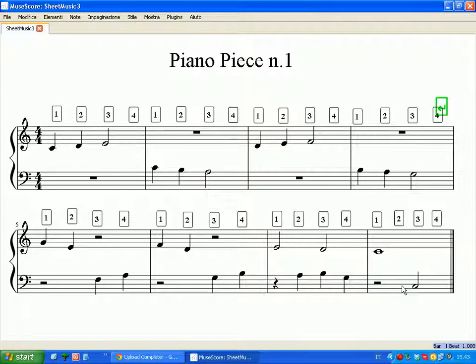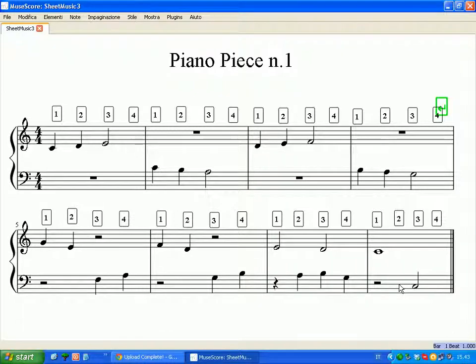And this is a very, very important step that will allow us to come to the piano performance in a very easy way.